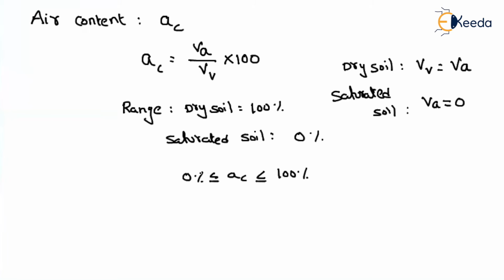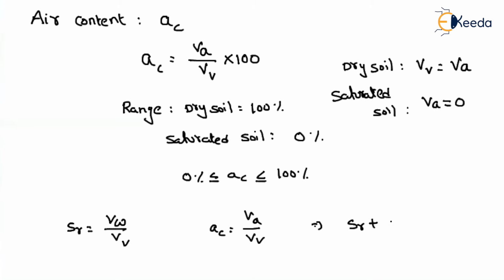Now if you see this degree of saturation, let me write this value in terms of decimal. So what can I express? Volume of water to the volume of voids. So what about air content? Volume of air to the volume of voids. Now the entire volume of voids can either be filled with water or air. So if you add these two, what will you get?